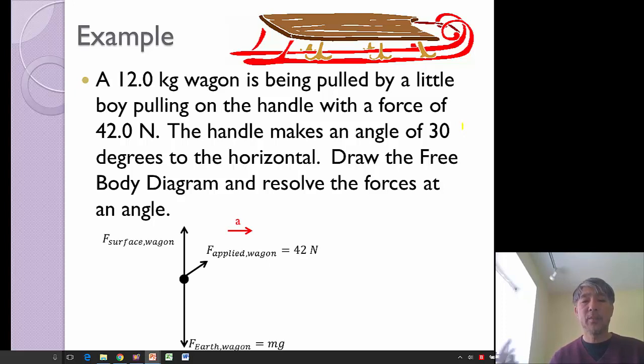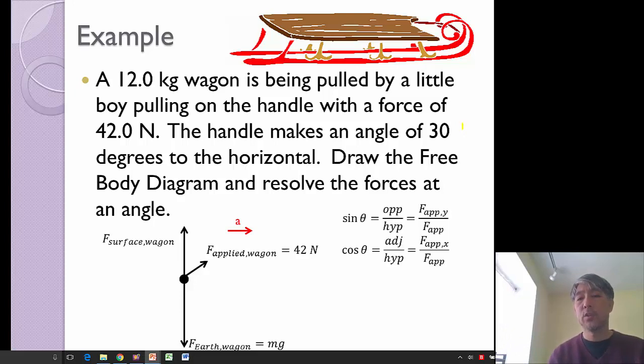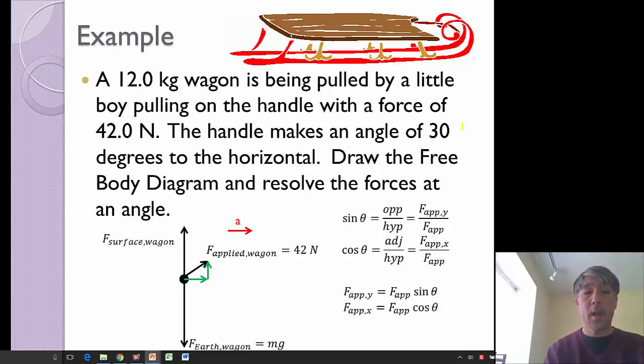So the next step, it's the same problem, but now we're going to resolve the various forces. So here's my free body diagram from before. The force applied is at 30 degrees, and we have to use a little trig, so remember our SOHCAHTOA. The y component now simply becomes the force applied, or that 42 newtons, times the sine of that angle theta. And then we have the x component.